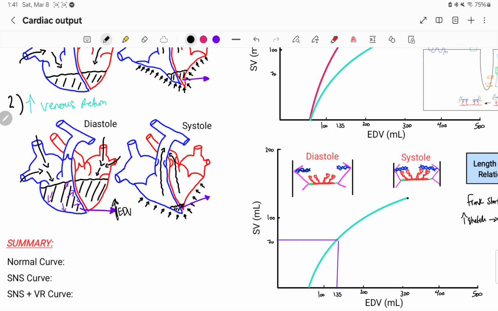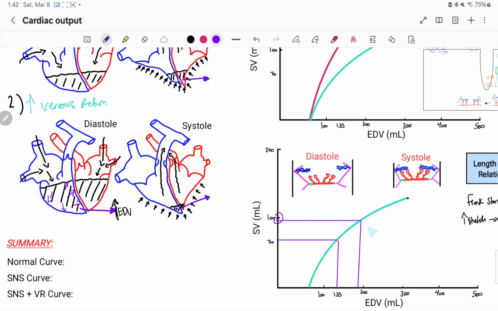So instead of maybe starting at 135, this time around, maybe we'll start out here. And because we started out here, maybe, guys, just maybe, we correlate to about, let's say, a stroke volume of 100.